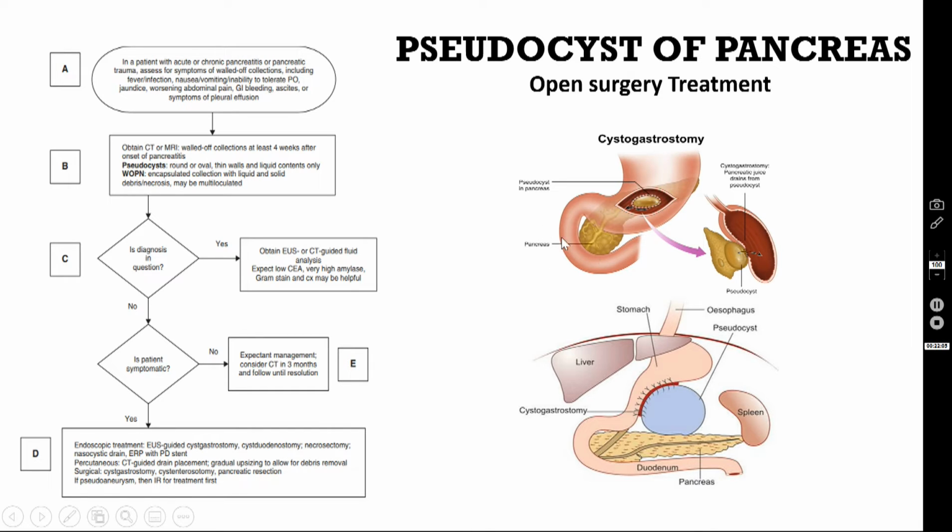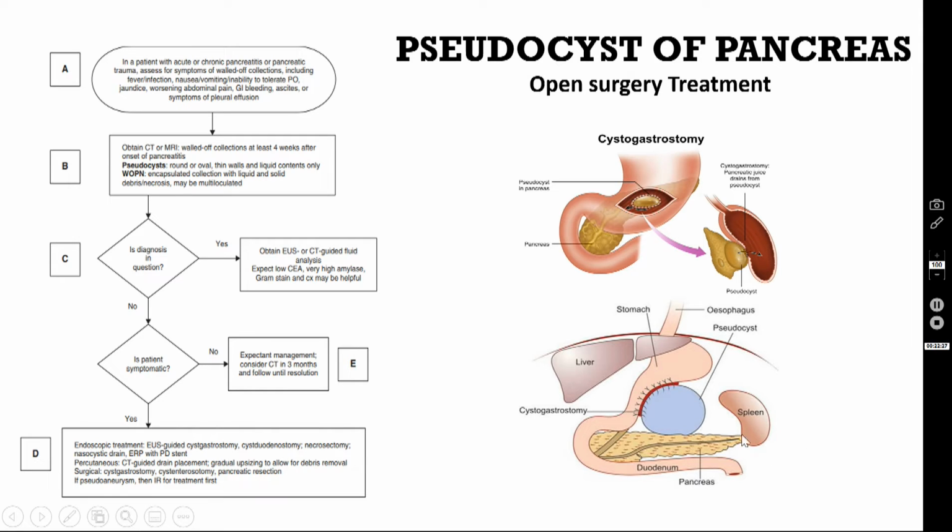Suppose the pseudocyst is lying in this area, the head of the pancreas, you can do a surgery called cystoduodenostomy. This is what you are seeing in a diagrammatic manner, the connection between, this is what is called cystogastrostomy.